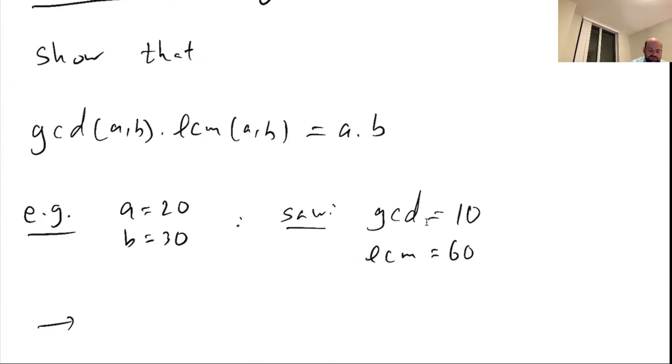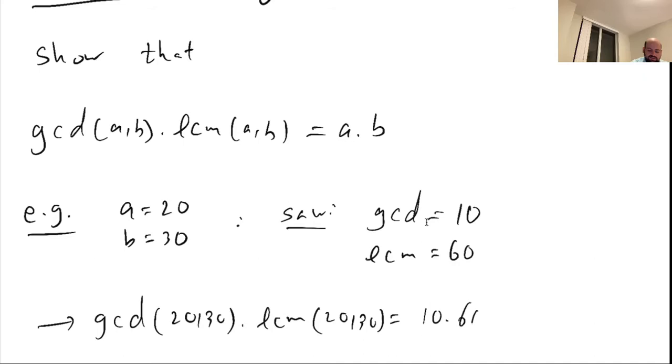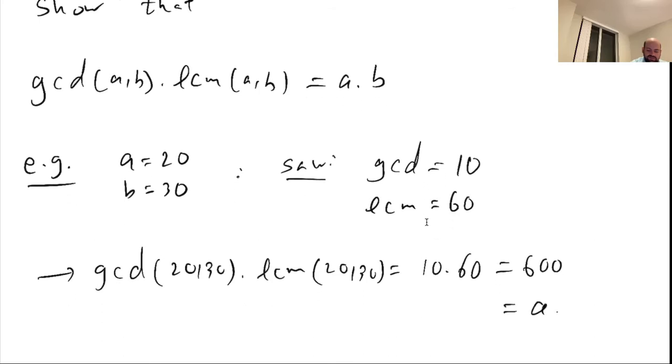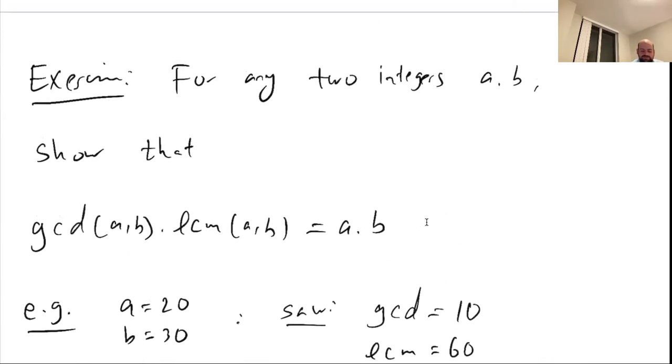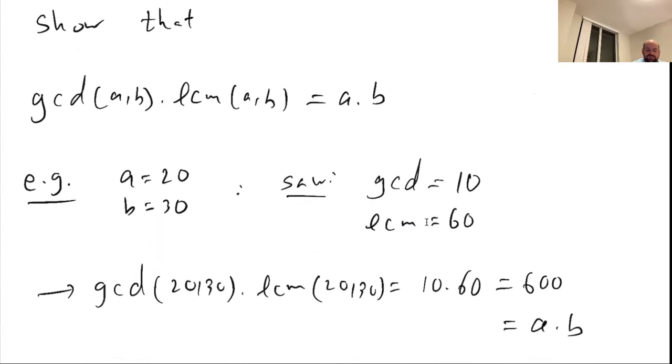So that means the GCD of 20 and 30 times the LCM of 20 and 30 is equal to 10 times 60, which is 600. And this is the same as A times B. So this is an example of this. But of course, it's just an example, it's not a proof.